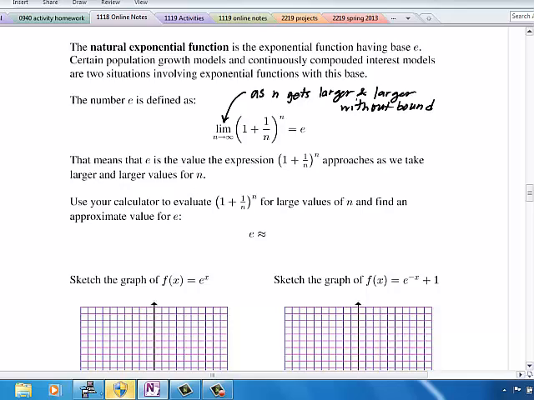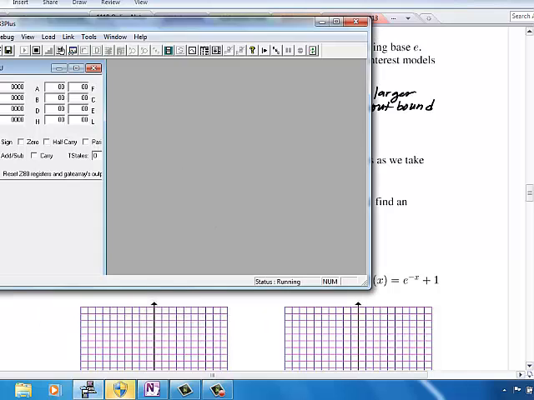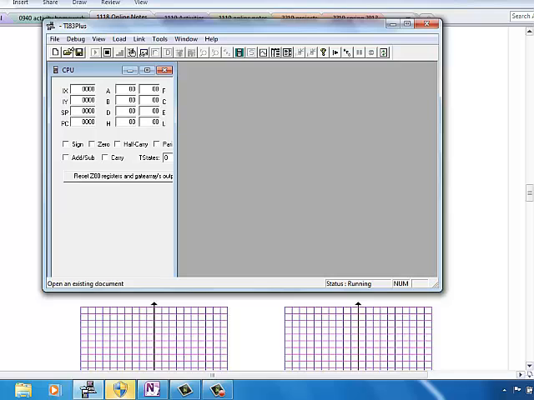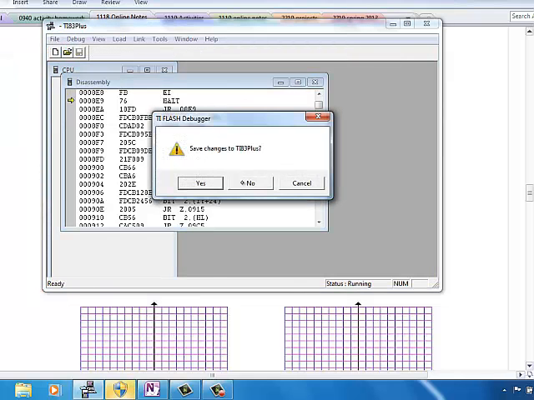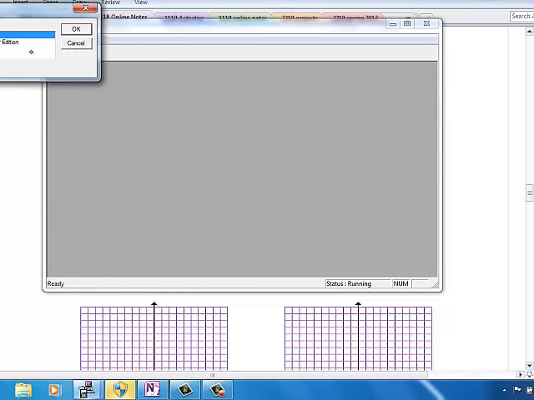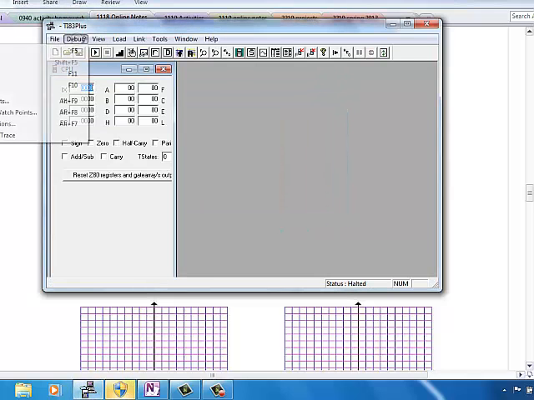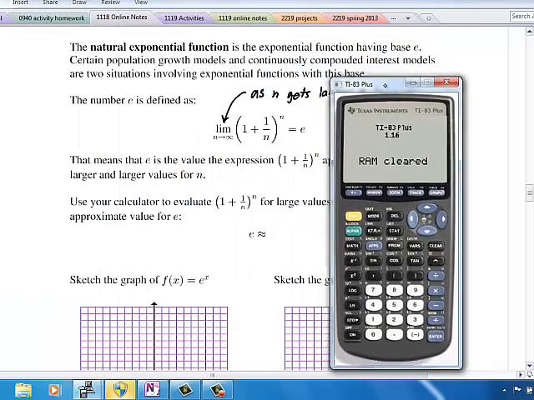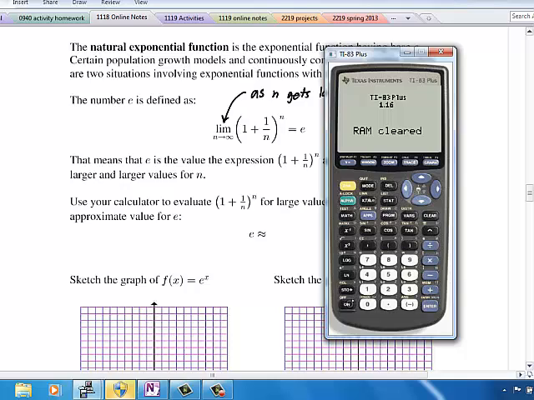So let's grab your calculator. Let's put that expression in, the (1 + 1/x)^x, for our y equals.